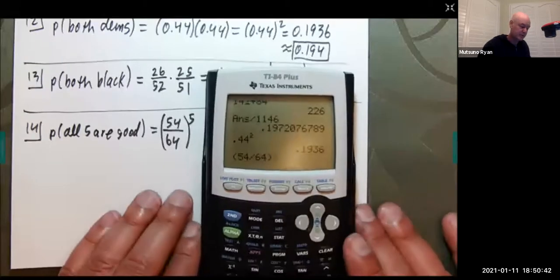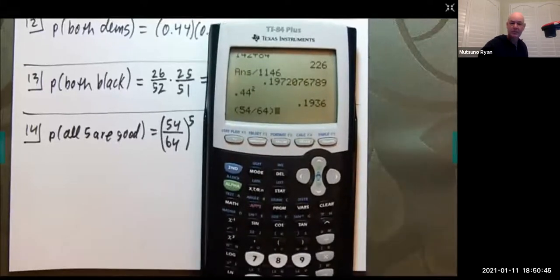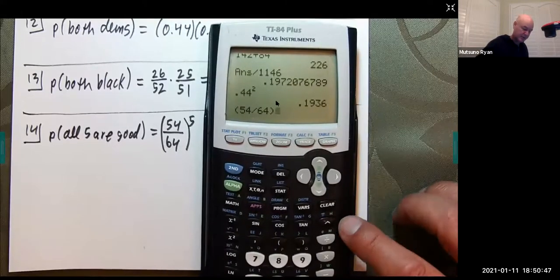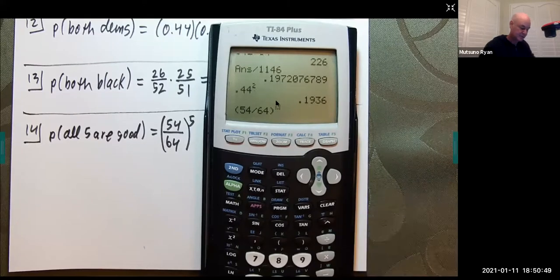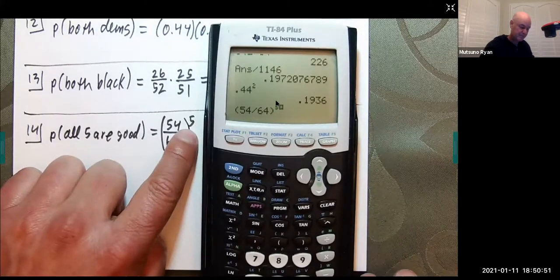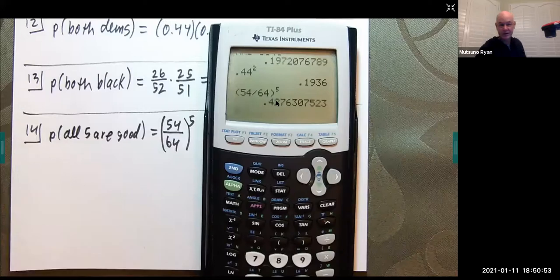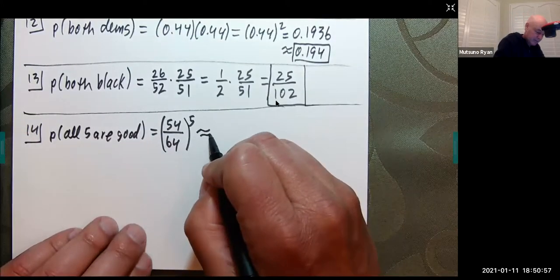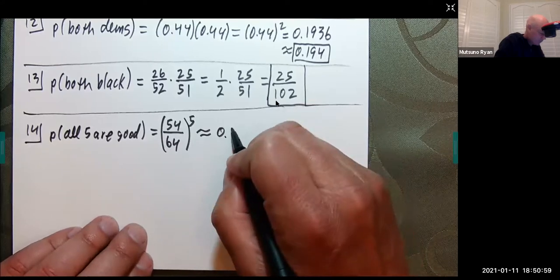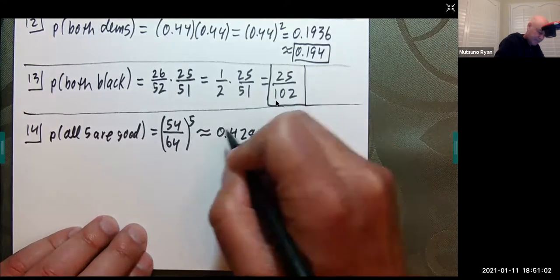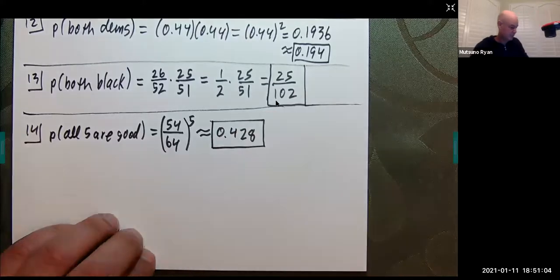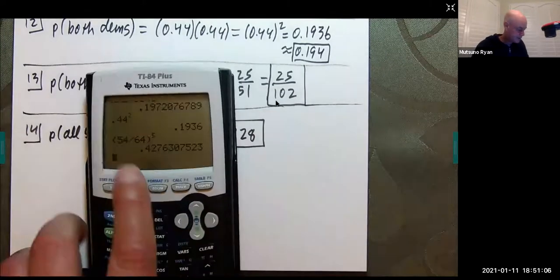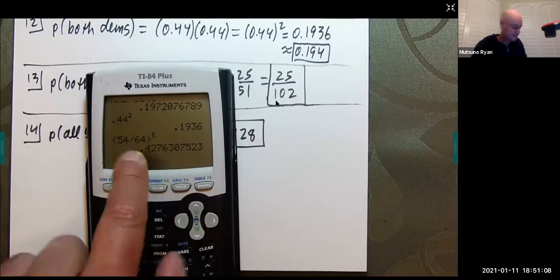Ooh, you can barely see that. Let me scoot that up. Here's my exponent button, the caret, raised to the 5th power. And they said round to the nearest thousandth. And you can see I have a 7 there, but the 6 bumps that up to the 8.